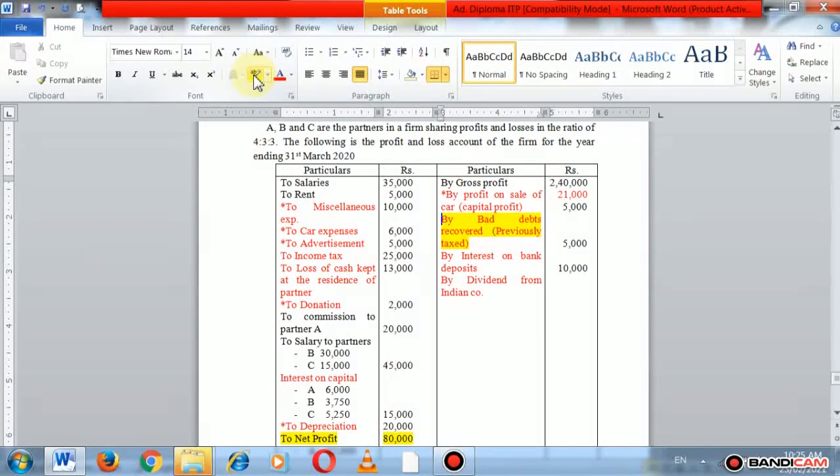So if we paid tax on bad debts in the previous year and it is recovered in the current year, it is not an income of the business. Okay, so it is deducted from net profit, because it is not a business income. Here in brackets, previously disallowed. Previously taxed means previously disallowed.